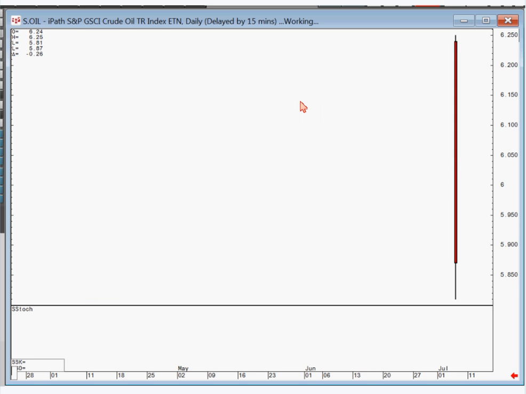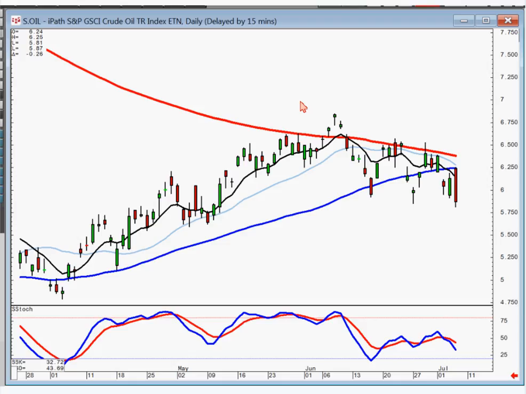Oil. The oil ETF is at this price, around 580, right there. What did it close? 587. Whereas oil's trading around $45.